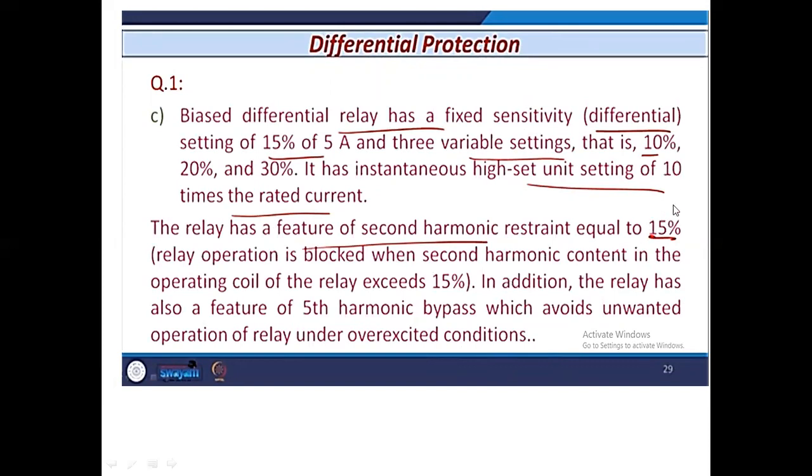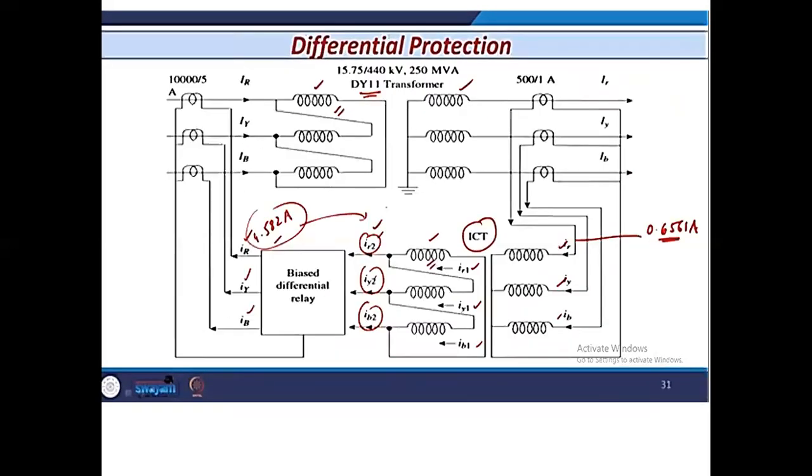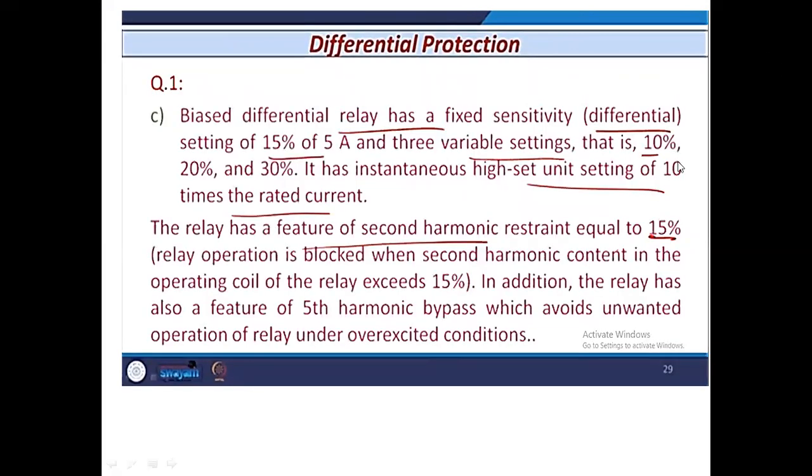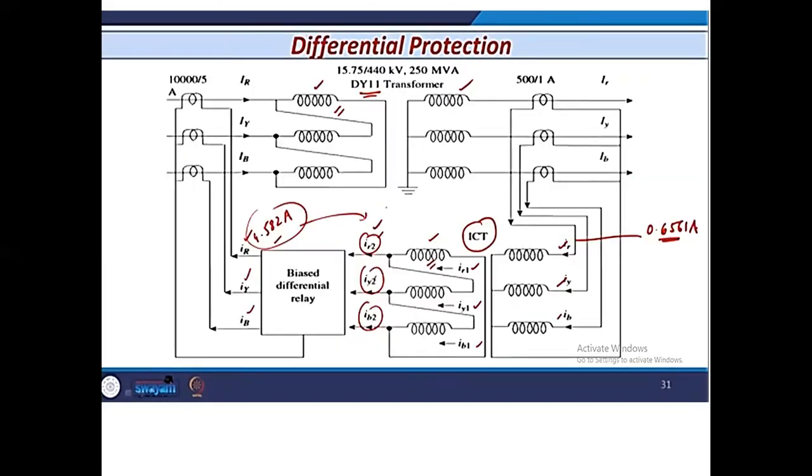So if I take 15% of 5 ampere, how much value will you get? The other settings given are 10%, 20%, and 30%. These are the three variable settings.